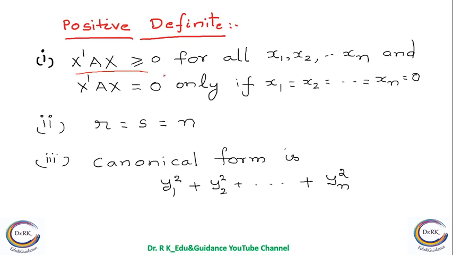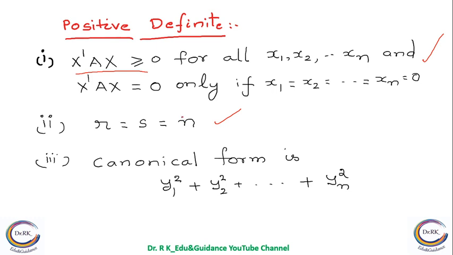If by chance x transpose Ax becomes 0, it happens only when x1 equals 0, x2 equals 0, and so on, xn equals 0. Various definitions are there. The other one is r equal to s equal to n, where r is the rank of the quadratic form and s is the signature.